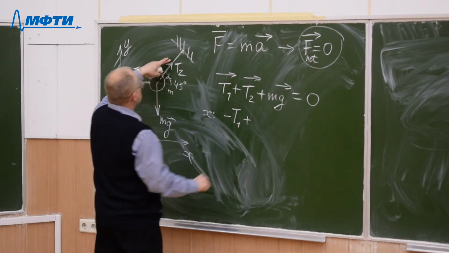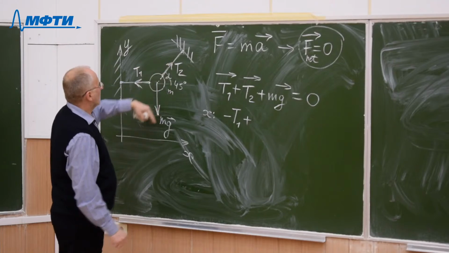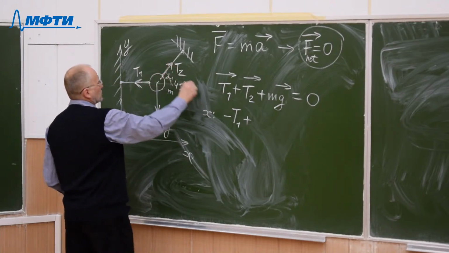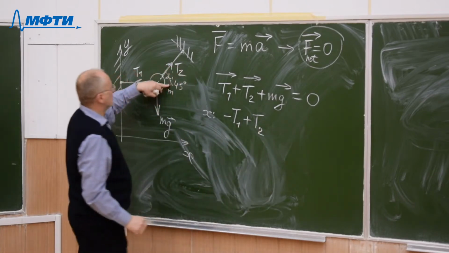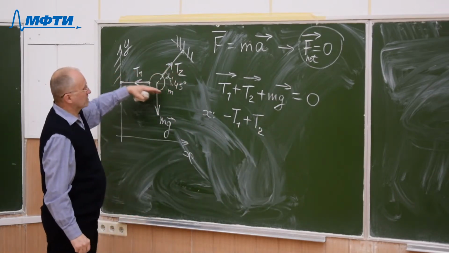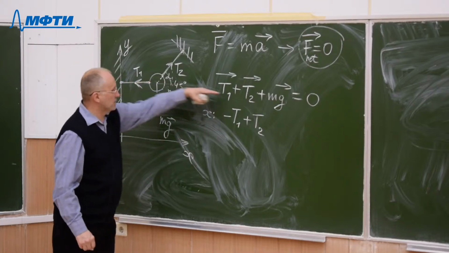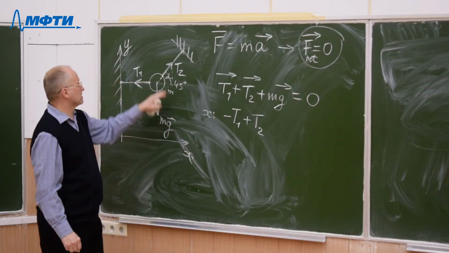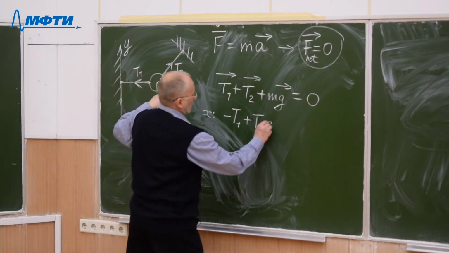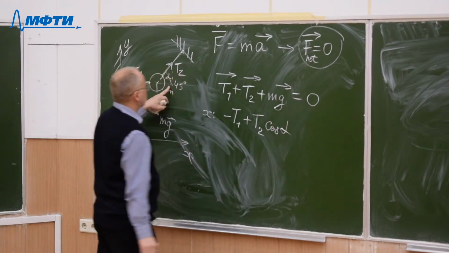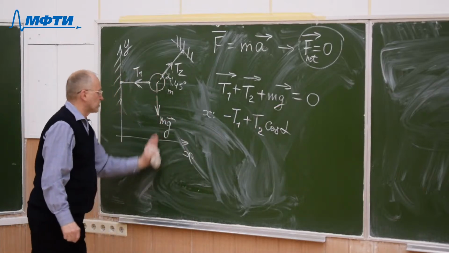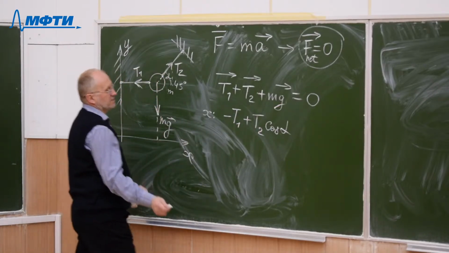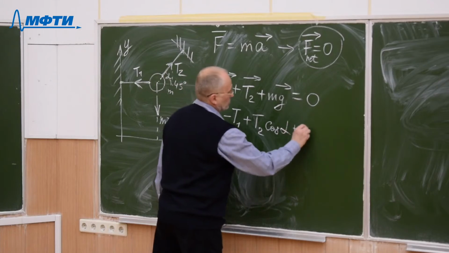Vector T2 will have its own projection, which can be calculated as T sub 2 with the plus sign, because it looks in the positive direction of the x-axis, cosine alpha. And vector G will have 0 projection on the x-axis. So 0.